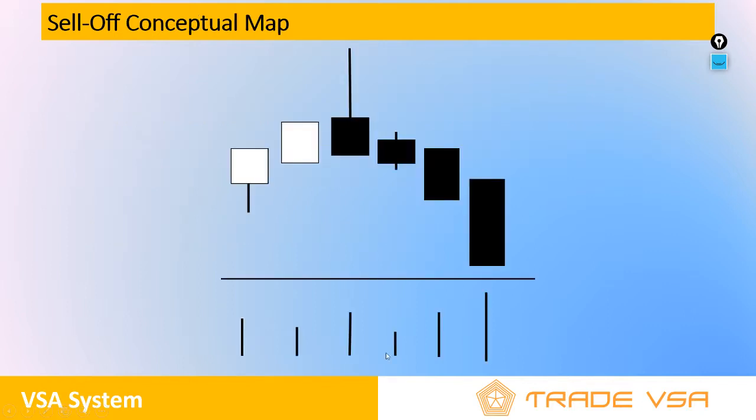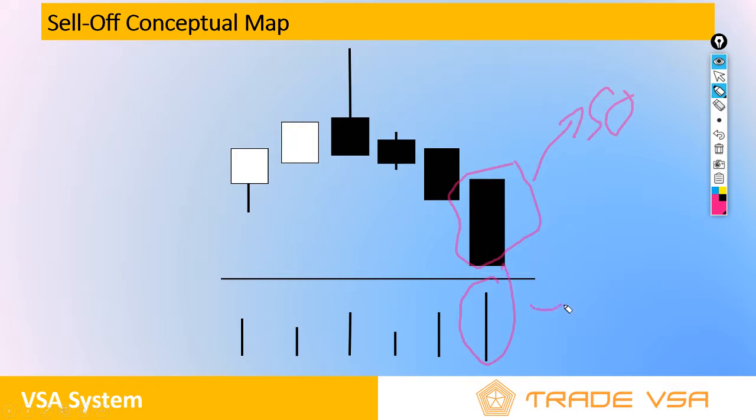This is the conceptual map of how a sell-off looks. This is the sell-off bar, and it usually comes with very high volume. During stage 2 markup, price goes up and sometimes moves sideways, and then we see an upthrust, UT, followed by the sell-off.